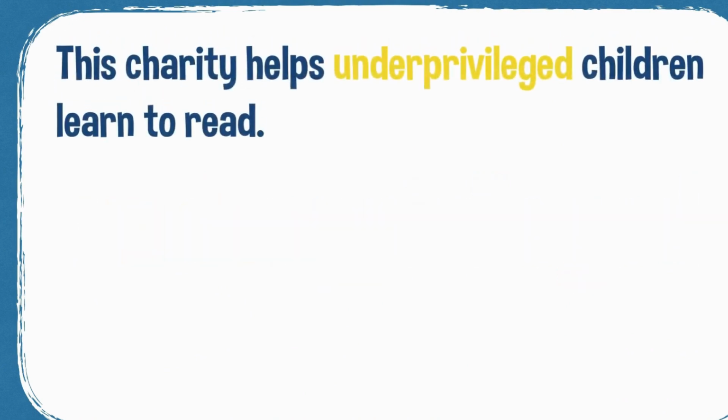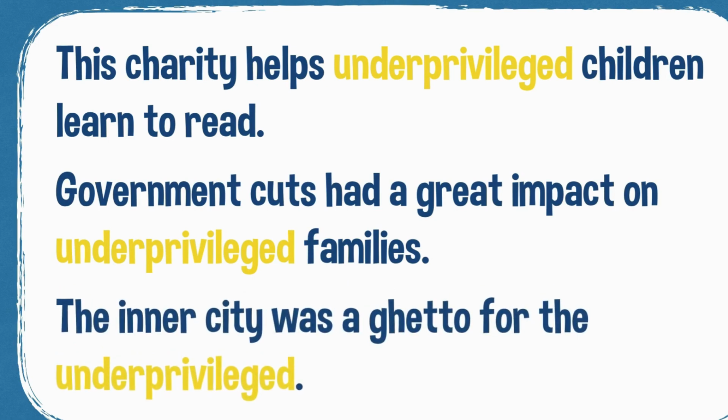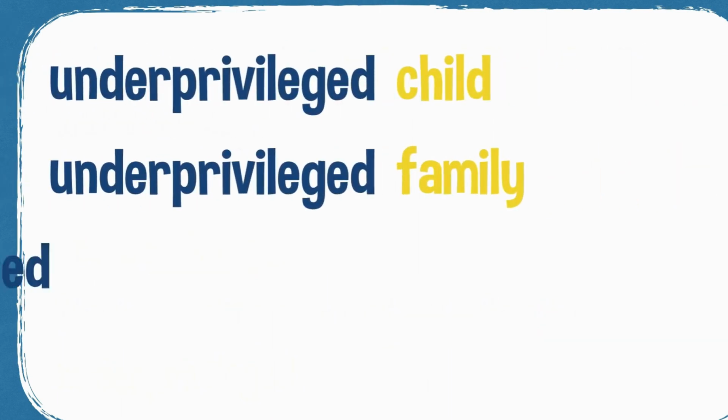So for example, this charity helps underprivileged children learn to read. Government cuts had a great impact on underprivileged families. The inner city was a ghetto for the underprivileged. We often talk about an underprivileged child or family.